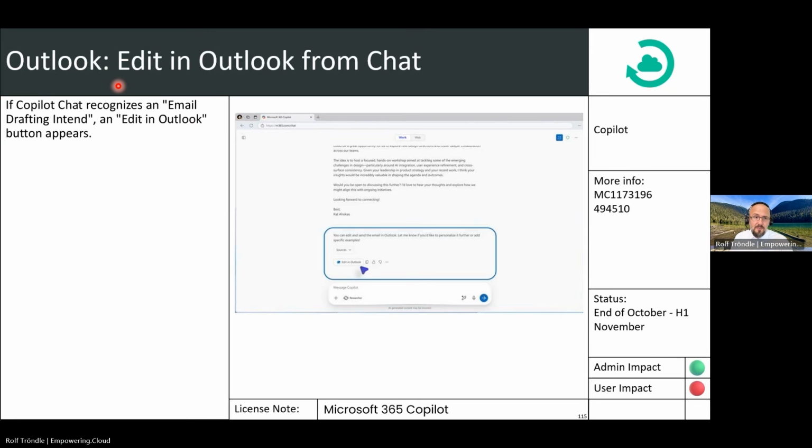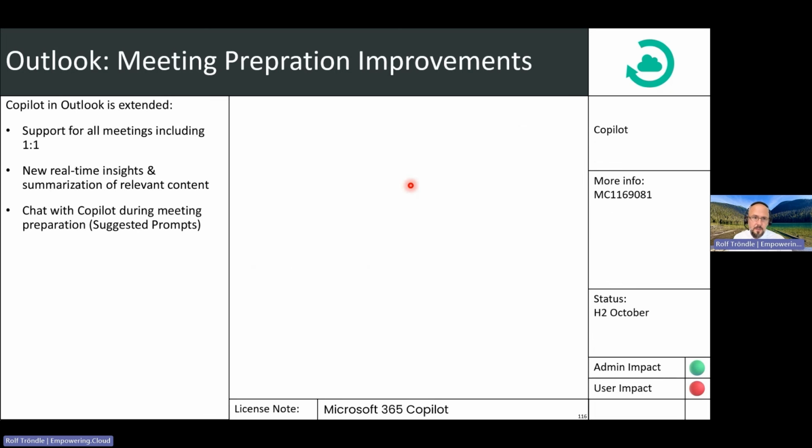Then we have a new option in Copilot Chat. As soon as Copilot Chat sees that you are creating an email or you have an email drafting intent, it will show you the Edit in Outlook button, which will then start Outlook and get the text in there. Meeting preparation in Outlook will be improved or extended. Copilot meeting preparation is now extended to one-to-one calls.